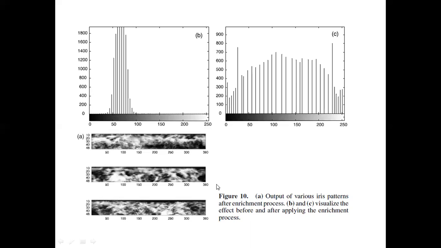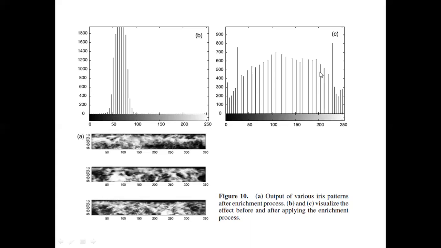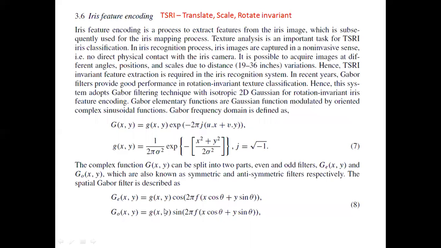So after normalization, we go for the enrichment process using local histogram equalization. It will enrich all the patterns of the iris. Now this is ready for our processing with our algorithms.